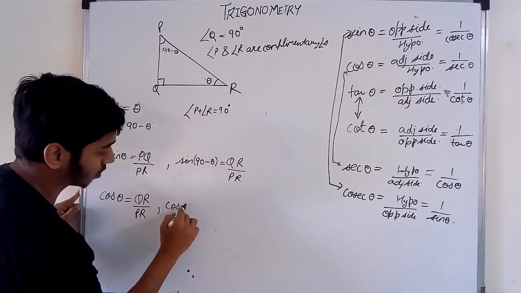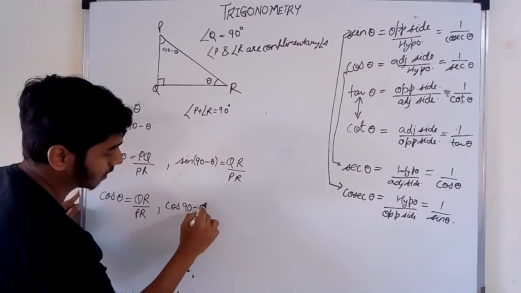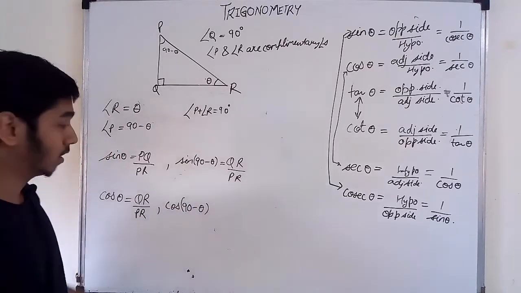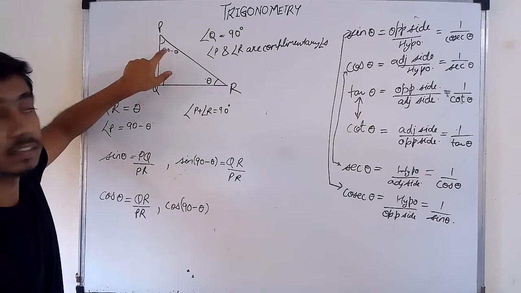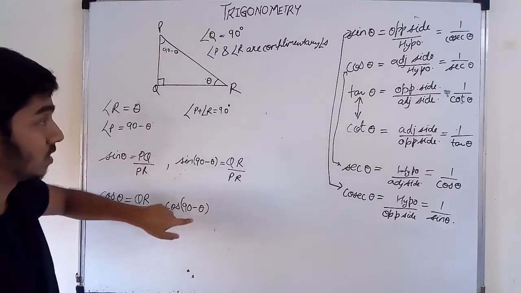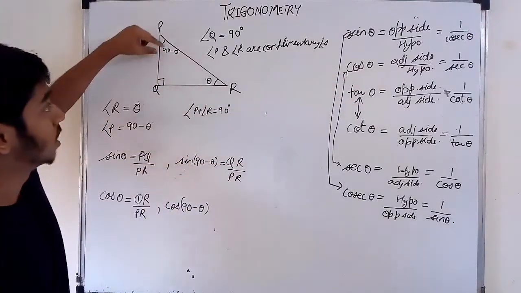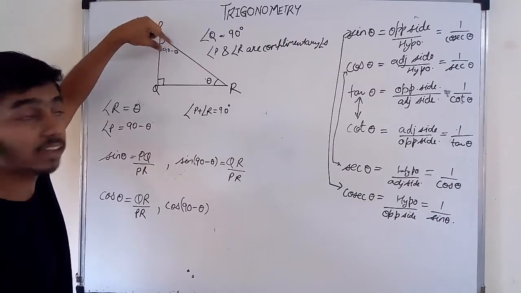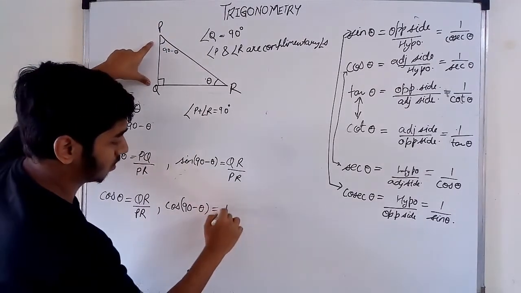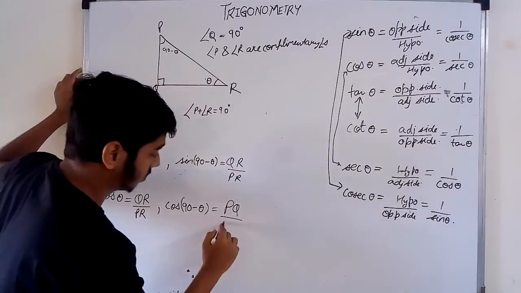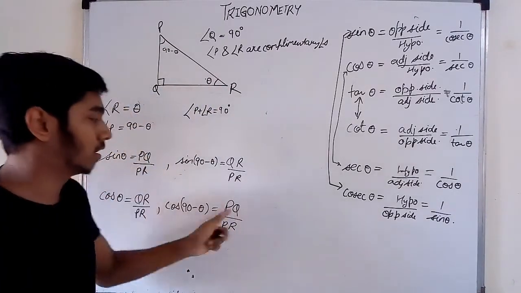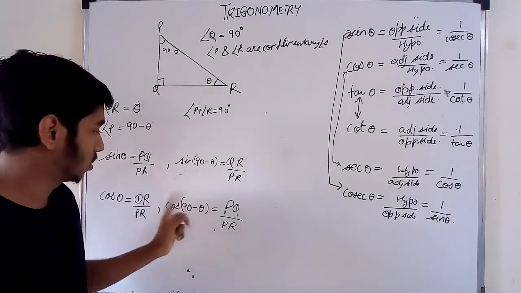Then let's find cos 90 minus theta, this angle. Cos is adjacent upon hypotenuse. The adjacent side of this angle is PQ, so PQ upon hypotenuse PR. I hope you have understood.